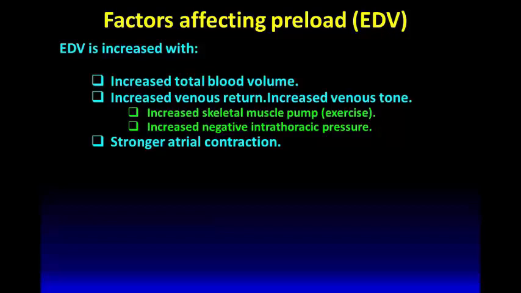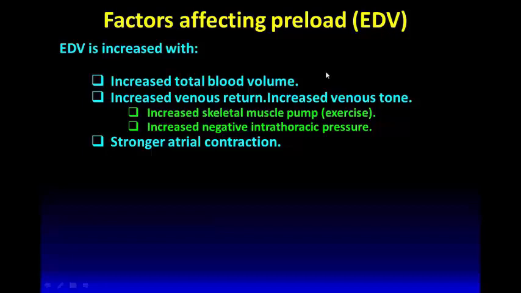the factors which affect the end diastolic volume. End diastolic volume is increased when blood volume increases and when the venous return increases. So any factor which increases the venous return would increase the end diastolic volume.